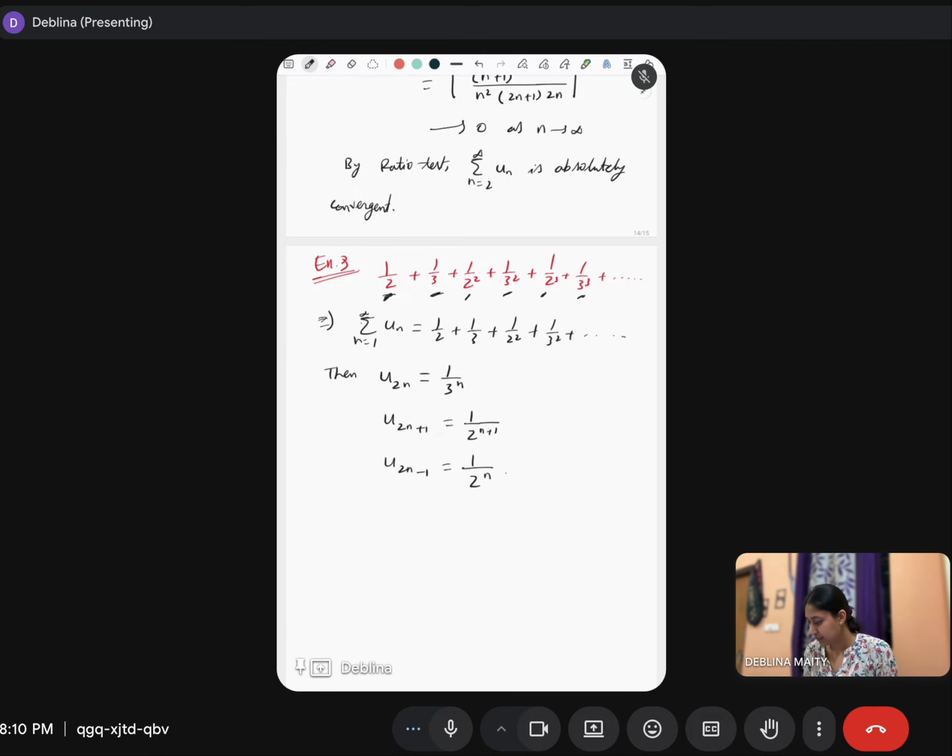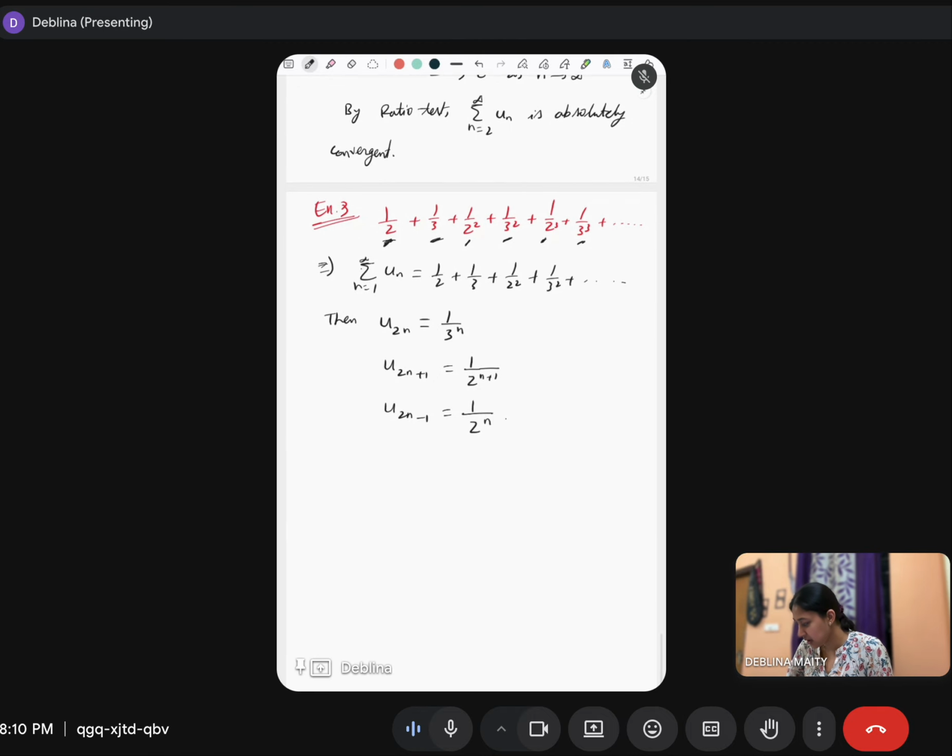Alright. So now by ratio test, if we take limit n tends to infinity of u2n by u2n minus 1, because there we chose xn plus 1 by xn, right? So here we have chosen u2n by u2n minus 1. We are not taking the modulus because each of these terms is positive.